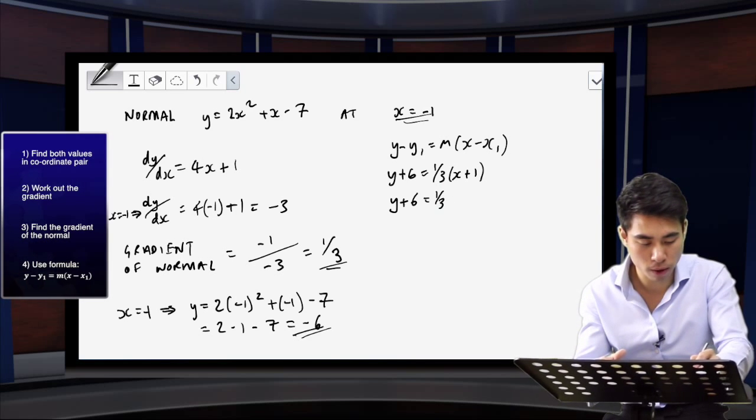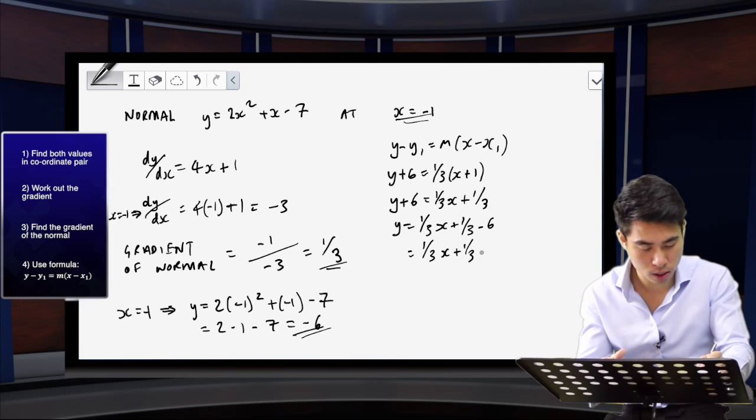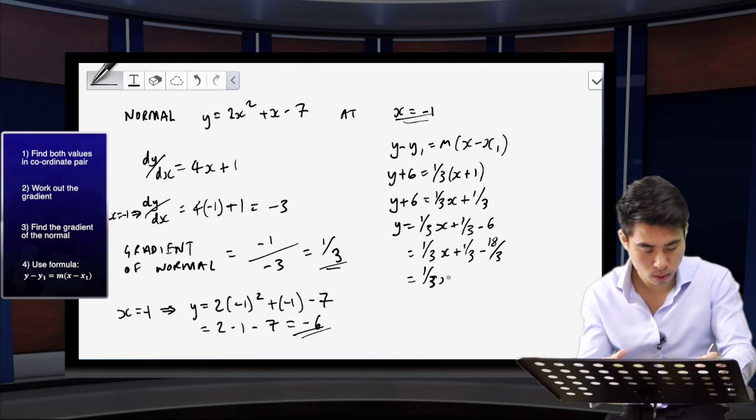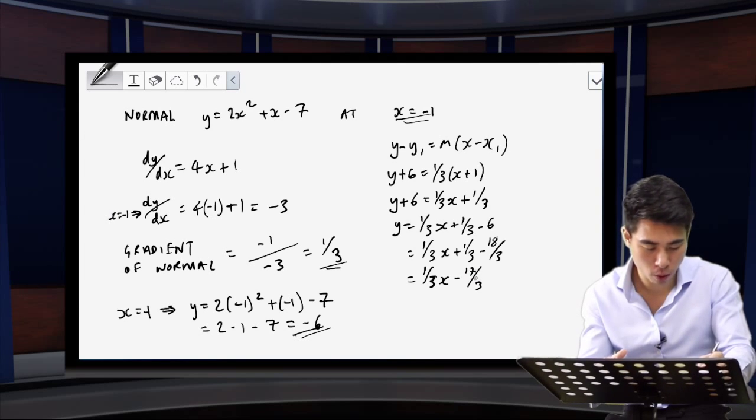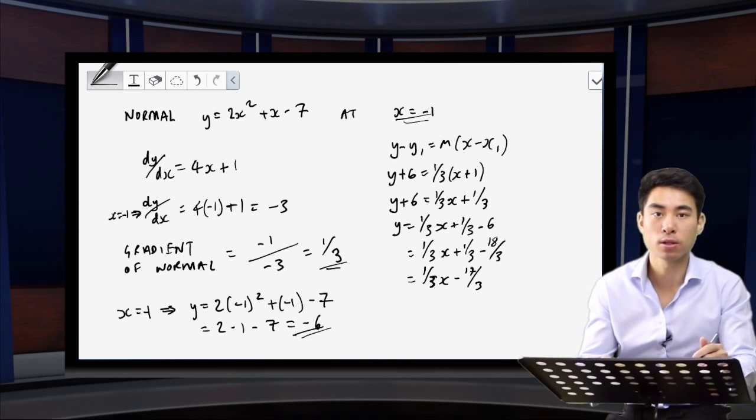Expand those brackets out: 1/3 x plus 1/3, and moving that plus 6 over to the other side, subtracting 6 from both sides, I've got plus 1/3 minus 6, or just expressing that 6 as a fraction over 3, minus 18 over 3. So final answer, y equals 1/3 x minus 17 over 3, and that is your final answer in the form y equals mx plus c for the normal of this curve when x equals -1.